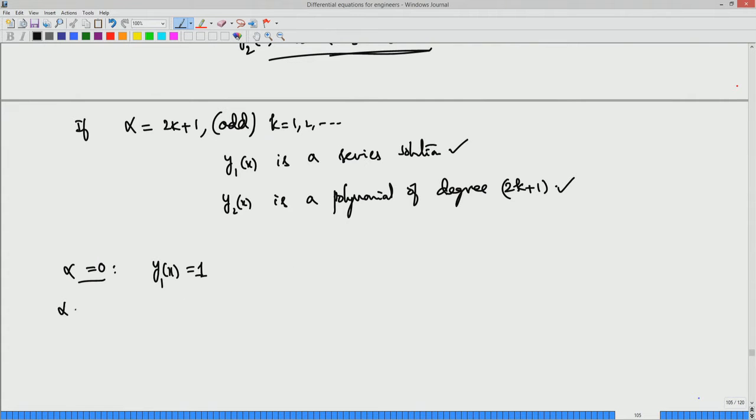And then for alpha equal to 2, you see that the other solution y2 is a series. And if alpha equal to 1, what you get is y1 is a series, and y2 of x is a polynomial solution.